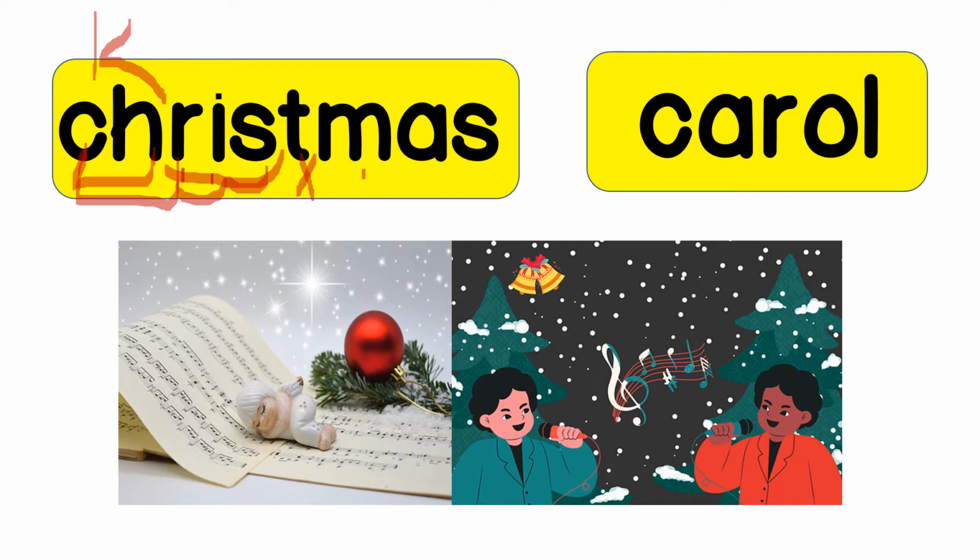We're going to hear the M makes the sound m. Then we're going to hear the A makes the schwa sound. And then S. Put it all together. We hear cr, is, Chris, us. Christmas.